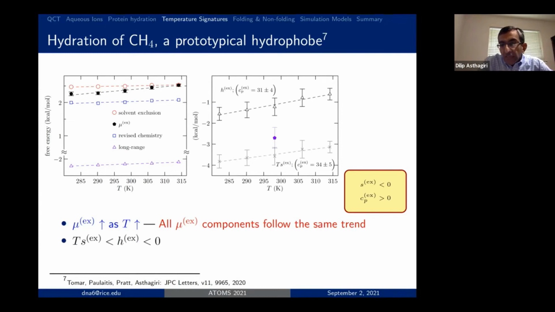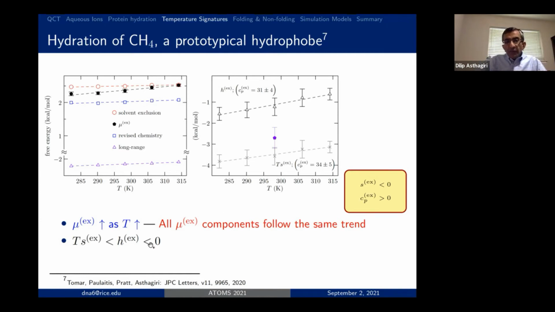To get the excess enthalpy trends, we can look at both the excess enthalpy from direct calculations and the excess entropy. And in parentheses, I'm showing the heat capacities from the two different pathways. They agree within statistical uncertainties. This was our estimation of the entropy from a temperature derivative. Within error bars, it does agree.